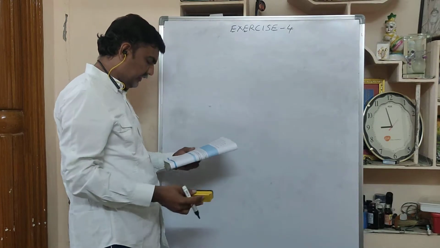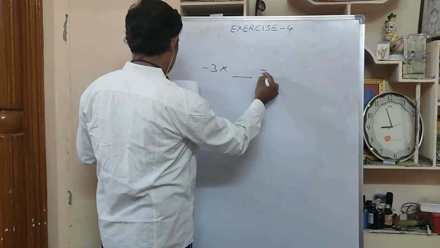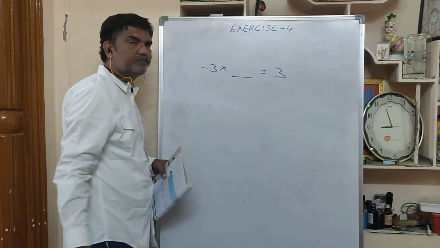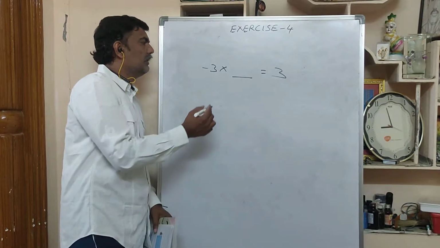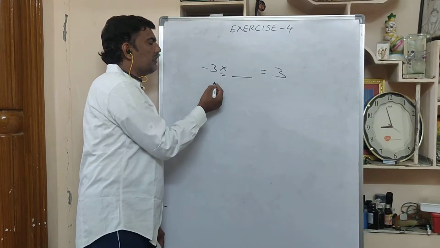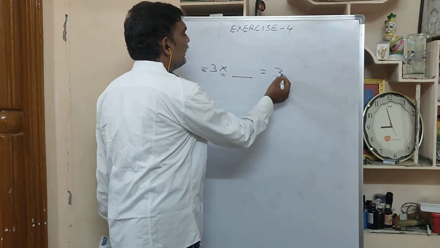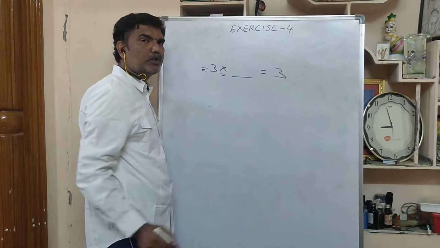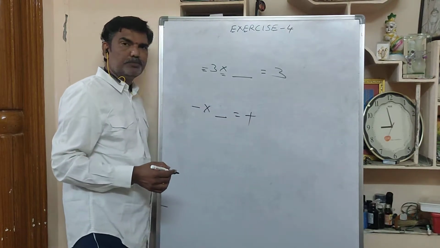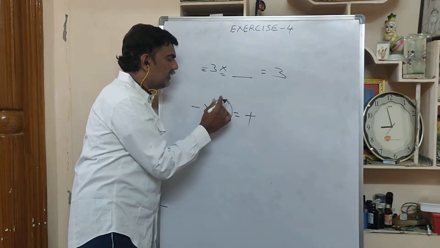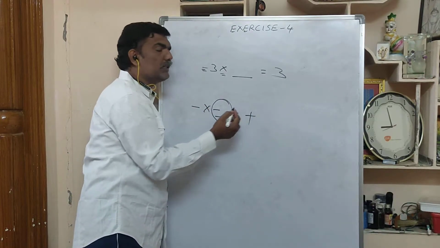So next, one more problem in this fill in the blanks. Minus 3 into how much is equal to 3. See, into is the multiplication. 3 is having minus. In the answer, 3 before has no symbol, which means it is positive. Minus into dash is equal to positive. Minus into minus only gives plus.